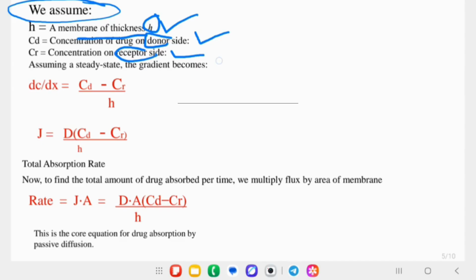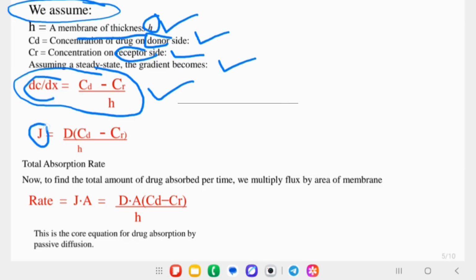Let us assume a steady state, the gradient becomes dC/dx = (CD - CR)/h. The same thing we can write as J = D (CD - CR)/h.